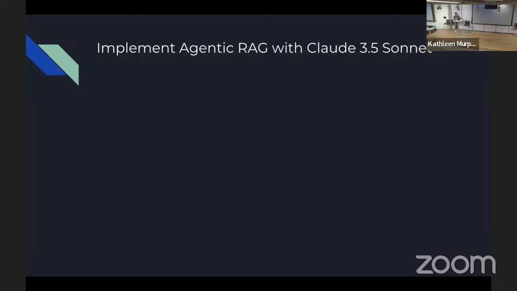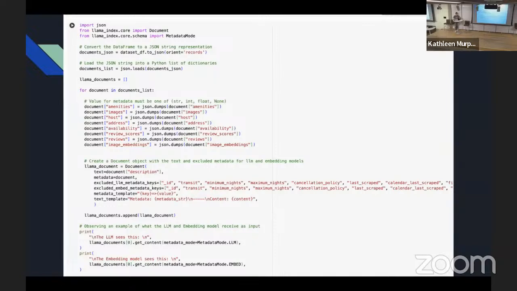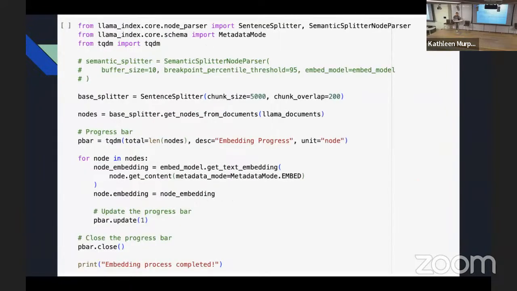I will just show the code here. First step, we load the data we downloaded from Hugging Face, and then we create the embedding of it, using an embedding model from OpenAI.